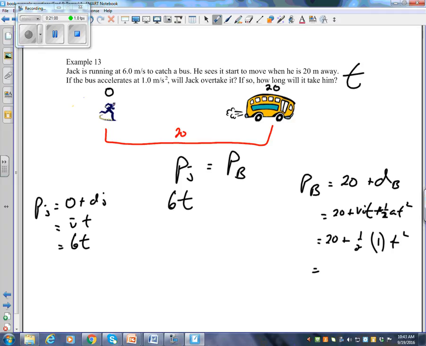So 20 plus 0.5 t squared. The bus's position is its initial position of 20 plus whatever its displacement is, which worked out to 0.5 t squared. And what am I going to do with that now? I'm going to put that right there, right?